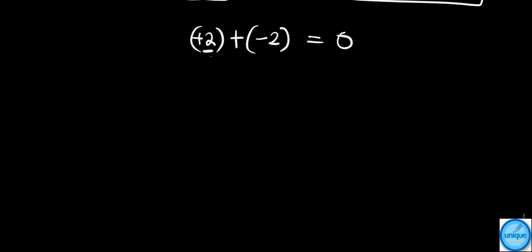The final rule says that the algebraic sum of all oxidation numbers of the atoms in a polyatomic or complex ion is equal to the charge of that ion.